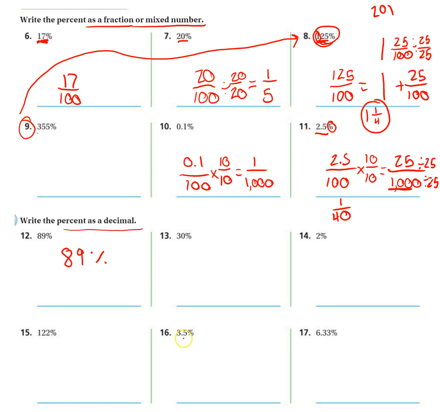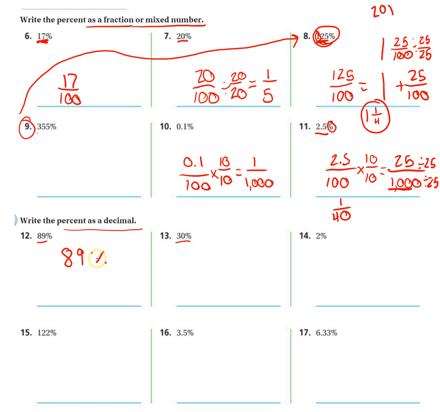Now you'll look here on number 16, they've shown you the decimal. Here on 17, they show you where the decimal is. So those will be a little different, and I'll address those in a minute. But anytime you just have 89% or 30% and they don't show you the decimal, there's really a decimal hiding behind the 9 or behind the last number.